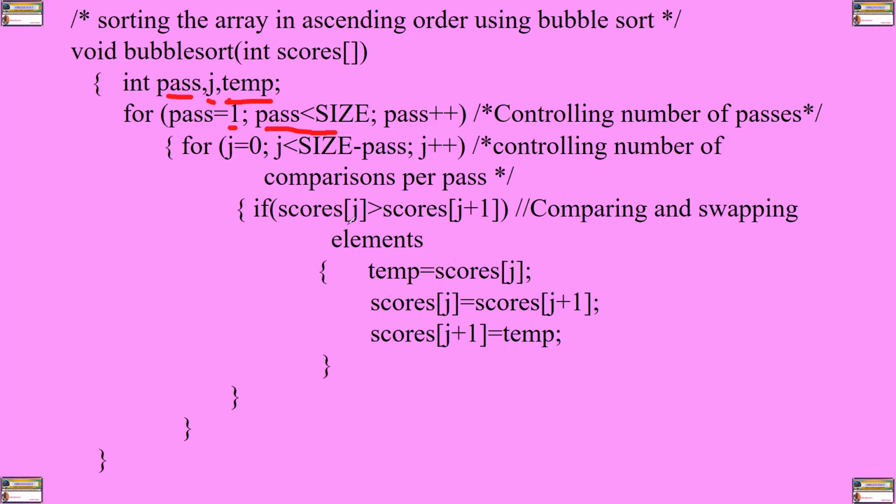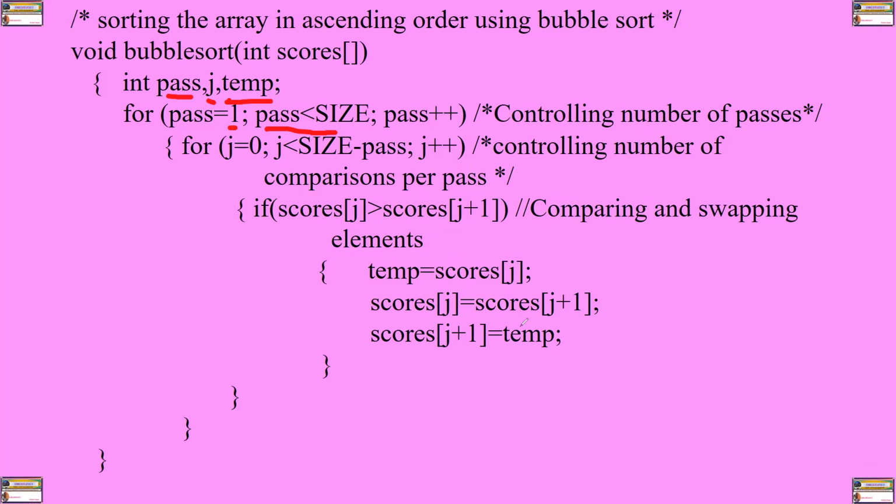If what is in the first position is bigger than what is in the second position, do the following. Pick what is in the first position, assign it to a memory location called temp.